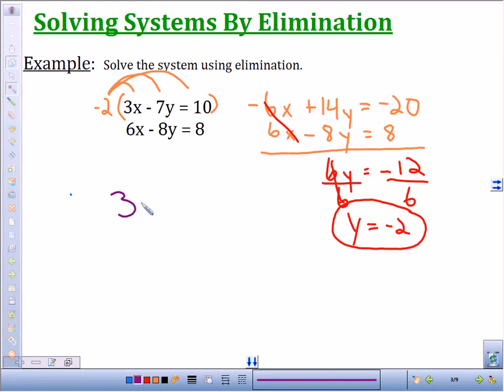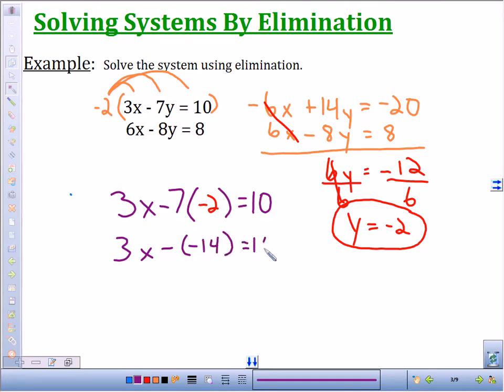This is 3x minus 7 times negative 2 equals 10. I need to multiply together. I get 3x. 7 times negative 2 is negative 14, so 3x minus negative 14 equals 10.